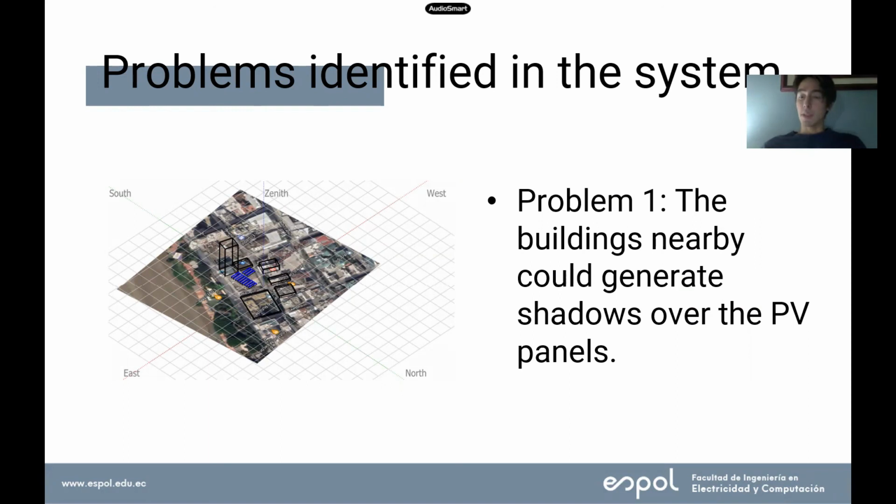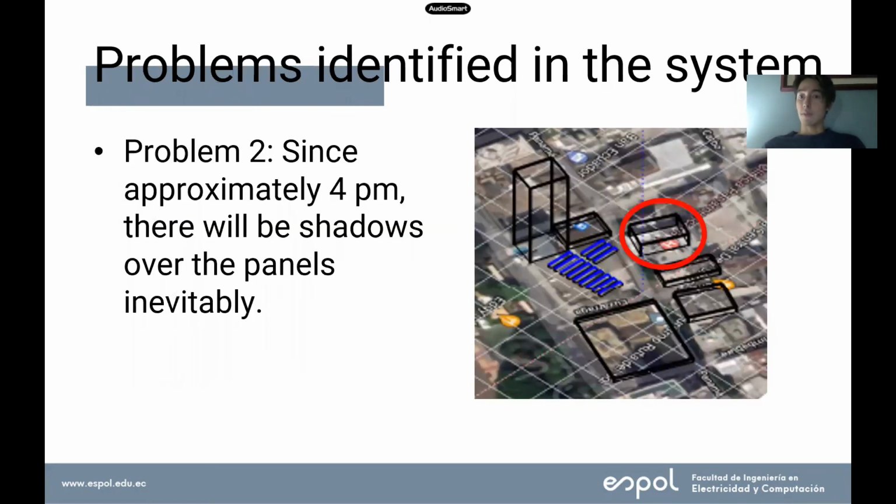There's going to be a time where the building that is next to our installation will produce shadow. It's going to be around 4 p.m. So at 4 p.m. we won't receive sun energy, so we need to solve this problem. Thank you.